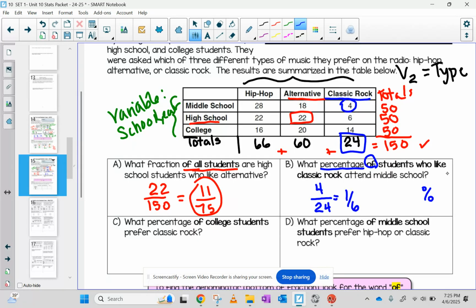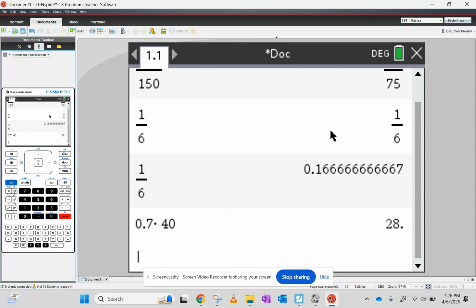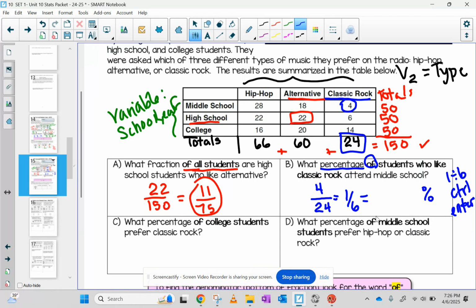And if you go to your calculator and you do 1 divided by 6 and do Control Enter on your calculator to get a decimal, you will get 0.16 repeating. So 0.166 keeps going, which is approximately, multiply by 100, 17%. So multiply by 100 to get it to be a percent, and that's about 17%.